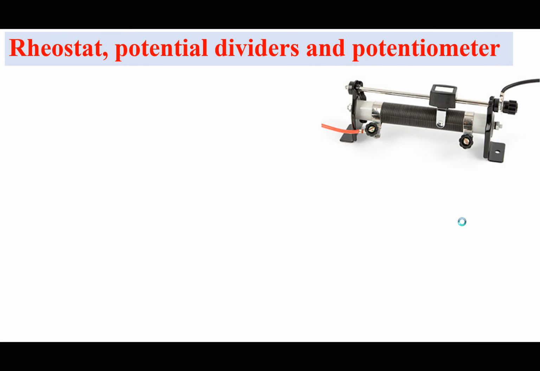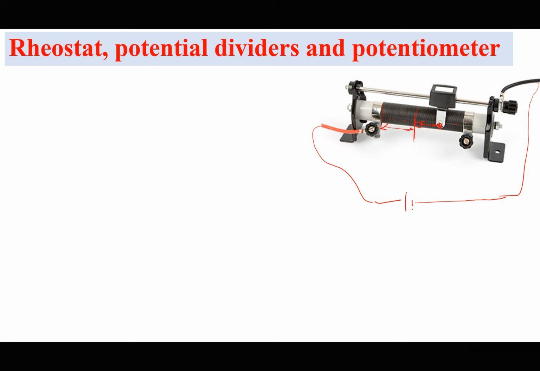So let's consider this is a rheostat, and like I have said, we have already seen this. It has a sliding contact and it has a coil of wire on an insulated material. So this is what is connected to the power supply. So by sliding this, say, to the left hand side, I'm reducing the length of the wire which is in the circuit.